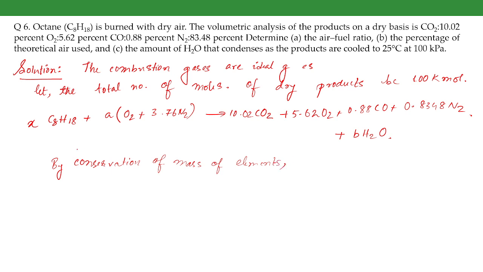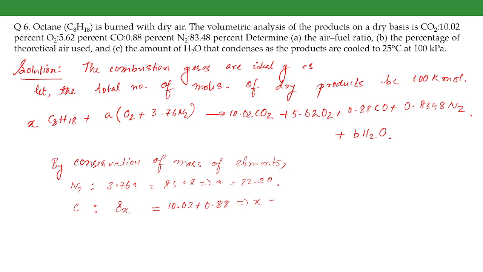Now for nitrogen, 3.76 A is equal to 83.48, which implies A is 22.20. For carbon, 8x is equal to 10.02 plus 0.88.